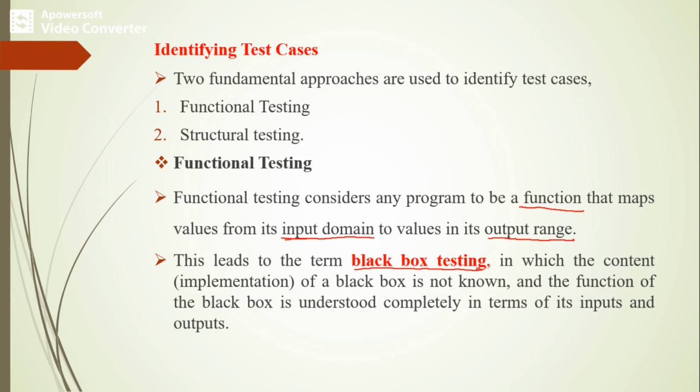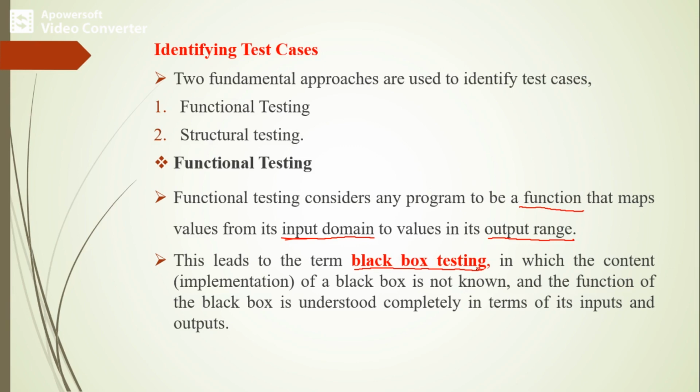I mean, inside the program, the content or implementation is not at all known to the tester. The tester will just give a set of input domains and check the set of output ranges.